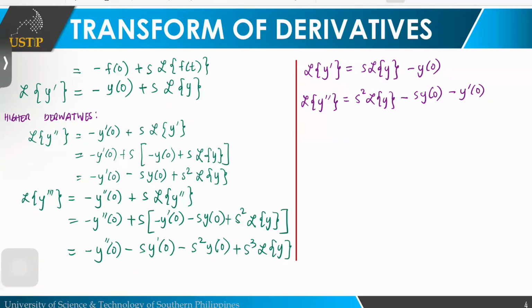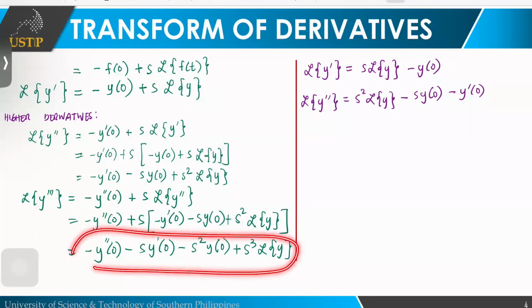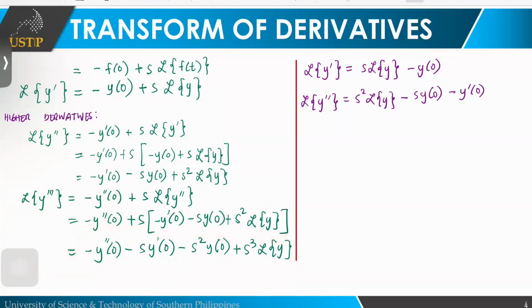Okay, next is the Laplace transform of y triple prime, kani siya. So we have s cube Laplace transform of y minus s squared y of 0 minus s y prime of 0 minus y double prime of 0.